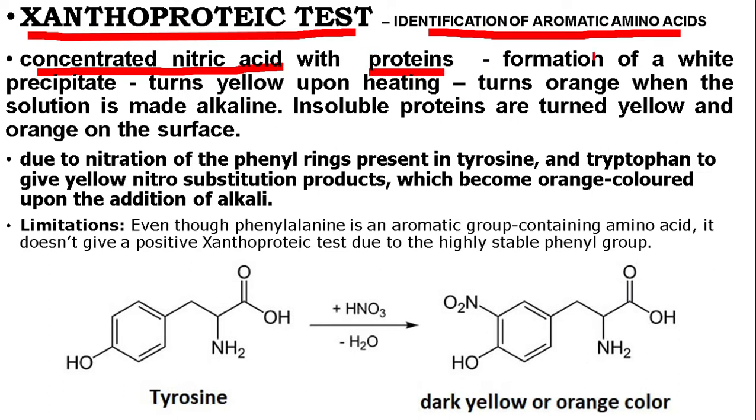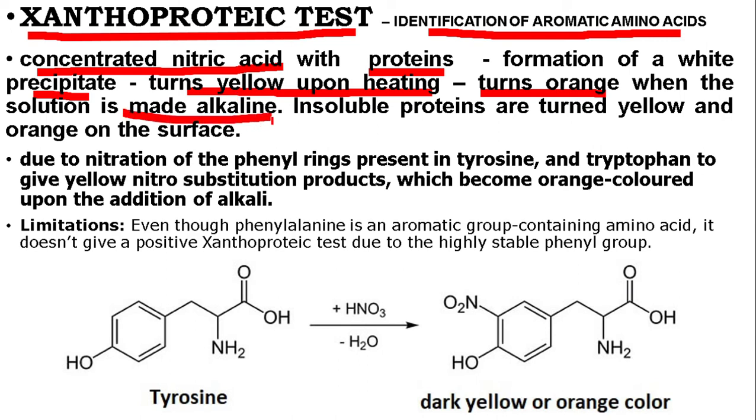Initially, a white precipitate is formed, which then becomes yellow upon heating. Remember, when proteins or aromatic amino acids react with the concentrated nitric acid, we get a yellow colored precipitate, and not a solution. And this will later turn orange when the solution is made alkaline.